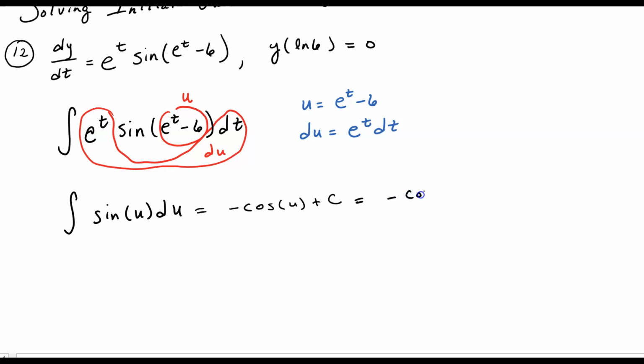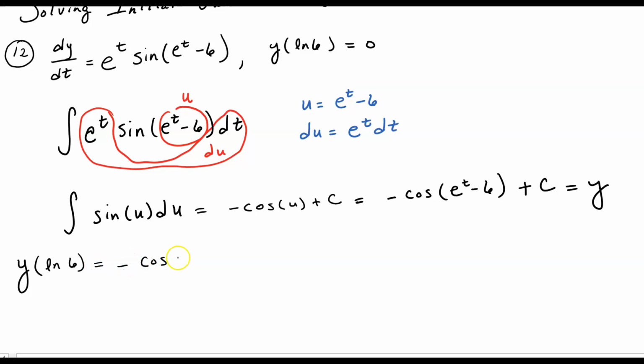We're going to have negative the cosine of e to the t minus 6, plus c. So this is our y, if you will, our function. And they tell us that in y, if we were to plug in the natural log of 6, we're going to get 0. So what does that look like?